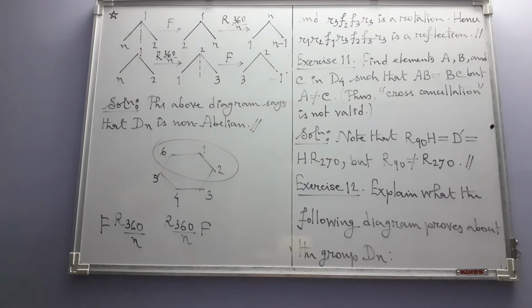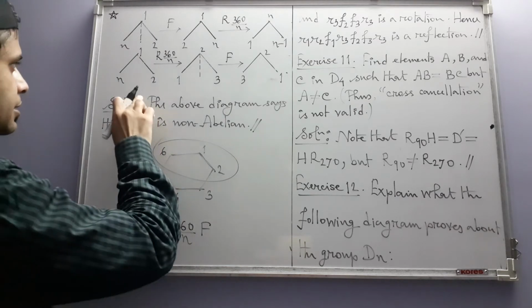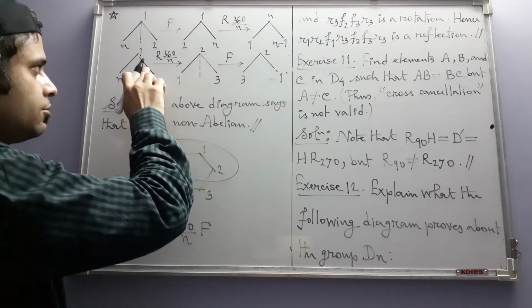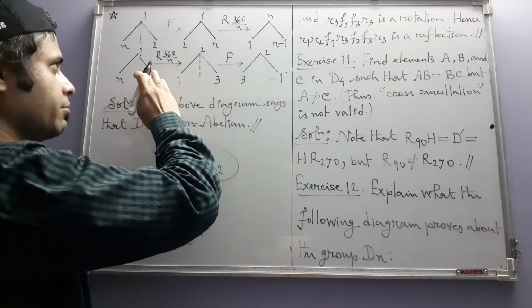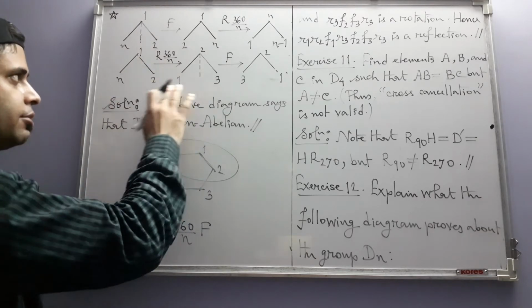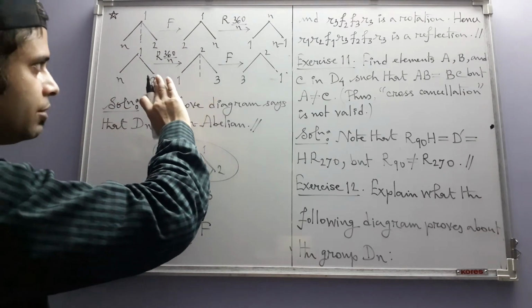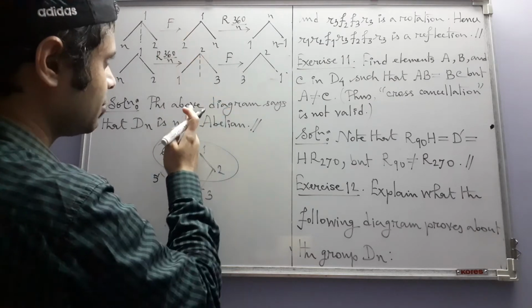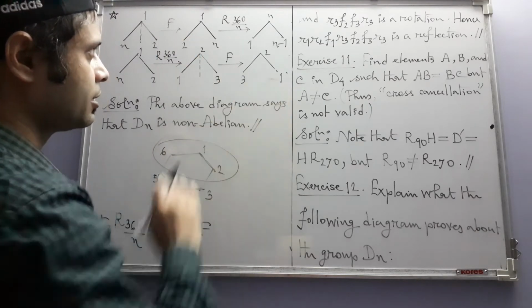So I wrongly wrote it as n. So 3 is here somewhere, the vertex that is adjacent to 2. So 3 will take the place of 2, 2 will take the place of 1, and 1 will take the place of n. And then we do the vertical reflection about that vertical axis. So 1 and 3 are interchanged.